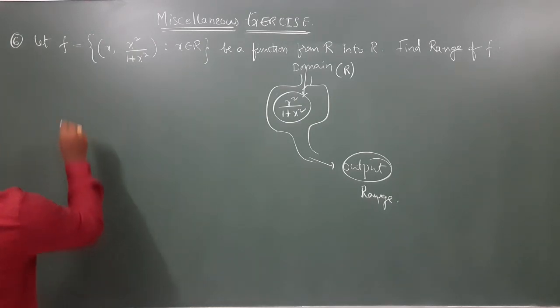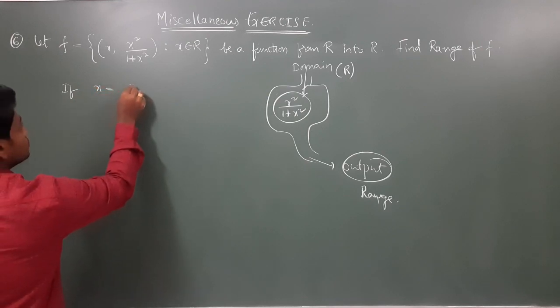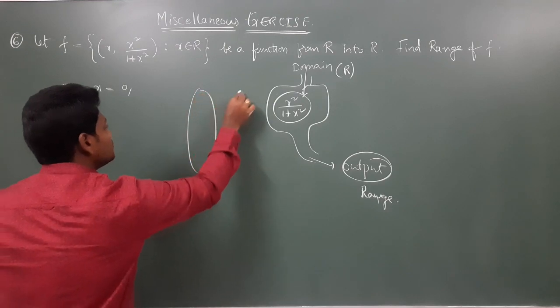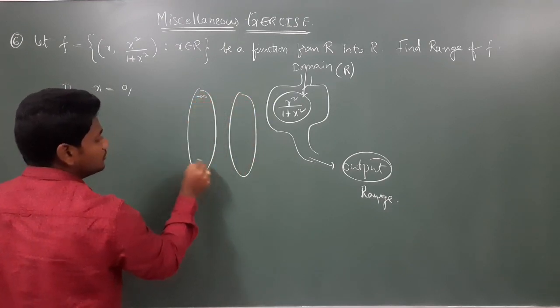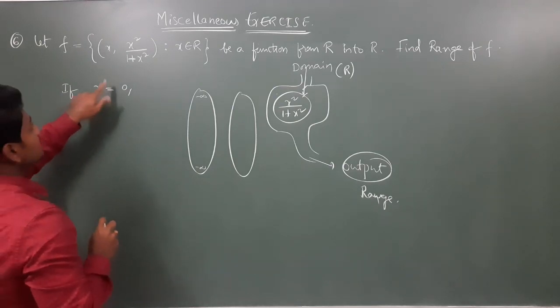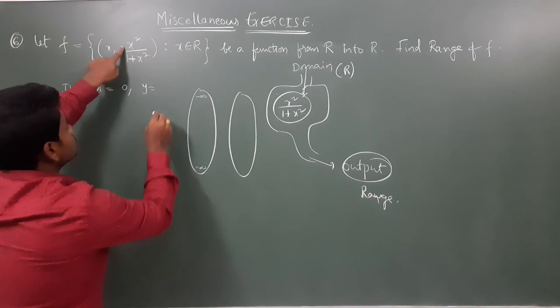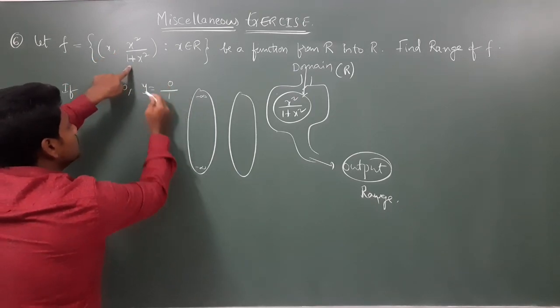For example, I will consider these as domain values and these as range. Domain means minus infinity to infinity, right? If we consider x equal to 0, then y is equal to 0²/(1+0²), which is 0 by 1, nothing but 0.